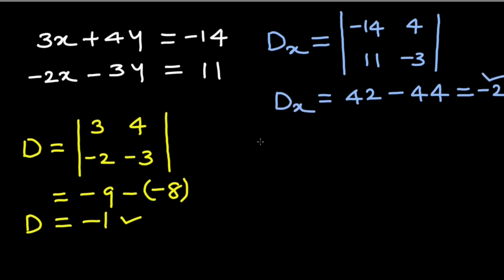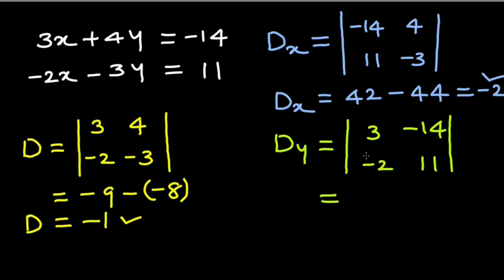And finally, we will form a determinant Dy by replacing the coefficients of y by the constant terms minus 14, 11 and writing the coefficients of x as they are, 3, minus 2. It will be 11 threes are 33, minus 14 twos are 28. So that gives us Dy equals 5.